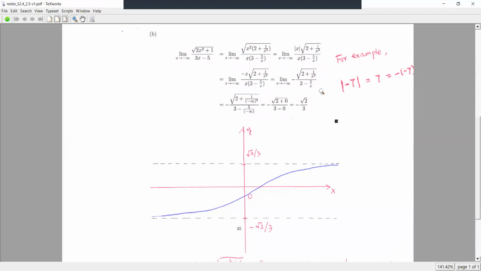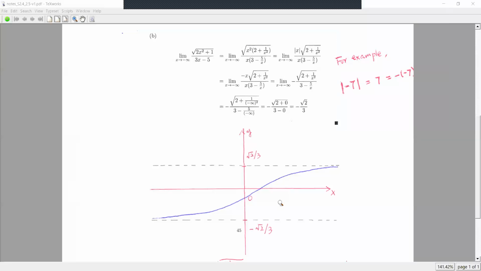Therefore, this function approaches this number as x approaches negative infinity. This number is negative square root of 2 over 3. This is the limit of this function as x approaches negative infinity.